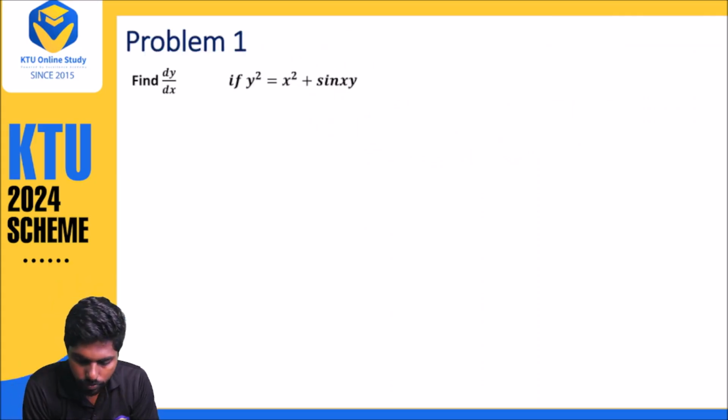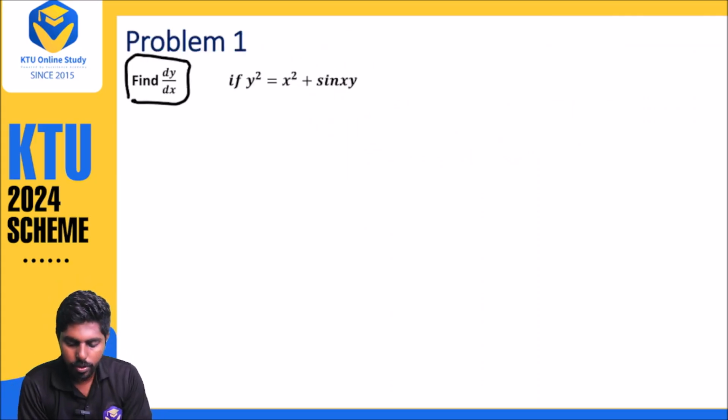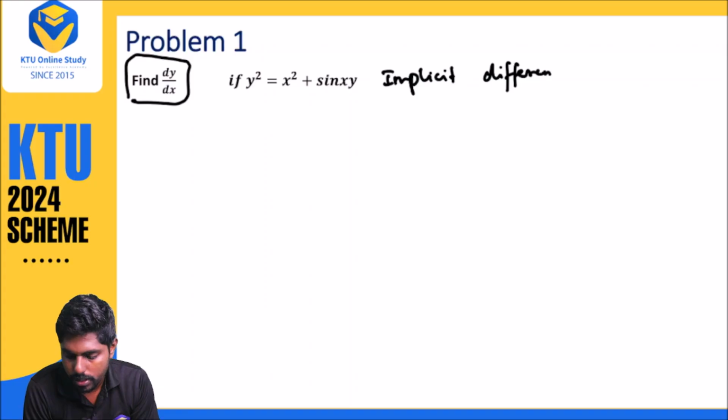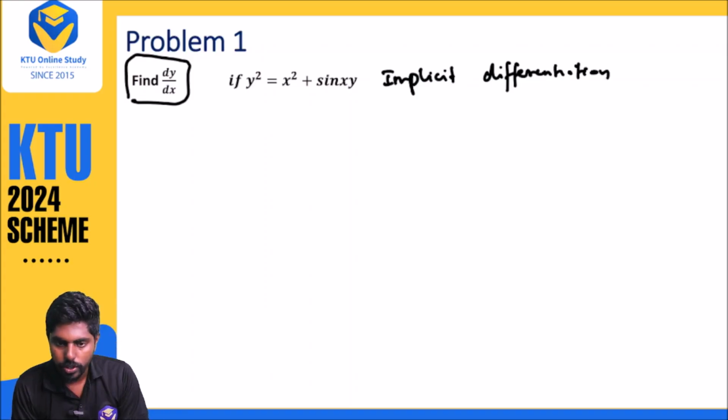What have they given? Find dy by dx. They have given it in implicit form, so it is implicit differentiation. What do we want to do? We know the conditions.